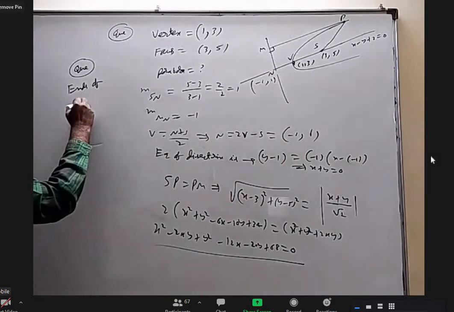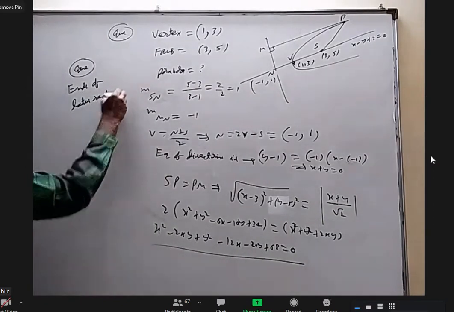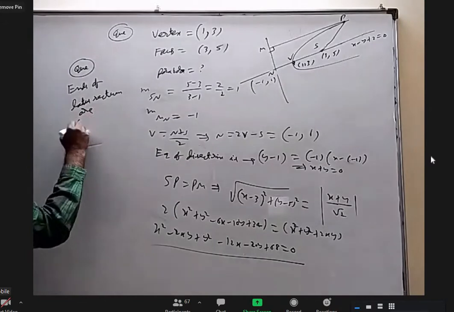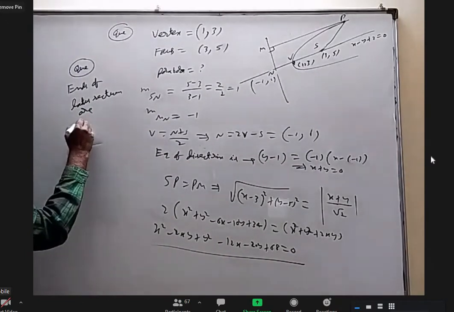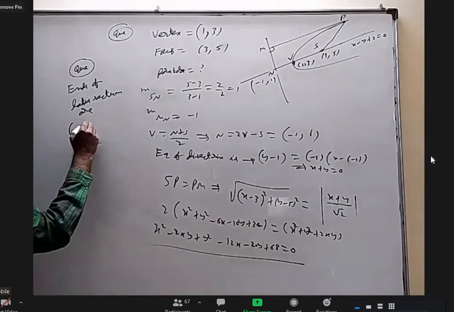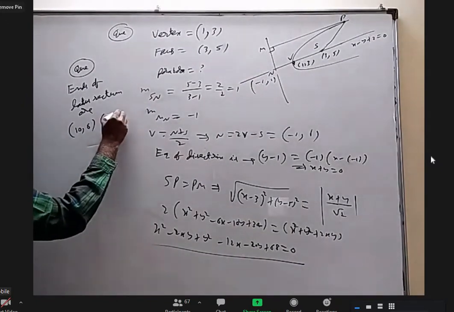Ends of latus rectum are (10, 6) and (10, 30).